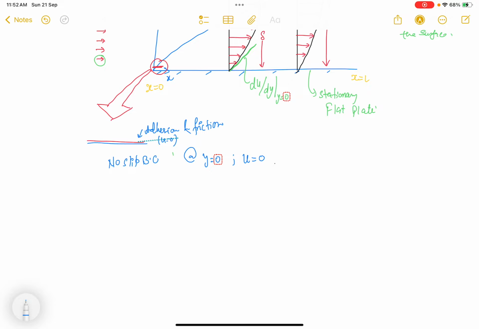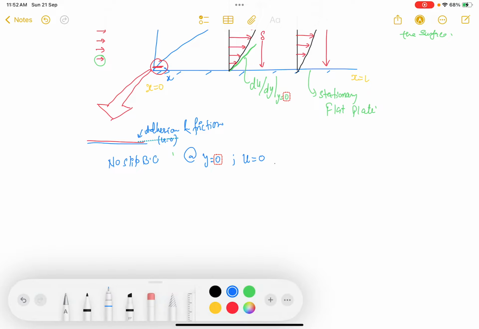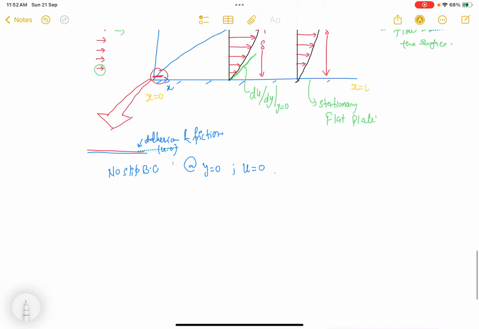So when the adjacent layer, the layer which is above it, tries to move, the red layer which is in immediate contact with the wall, which has been brought to rest by the wall, tries to retard this green layer, right?